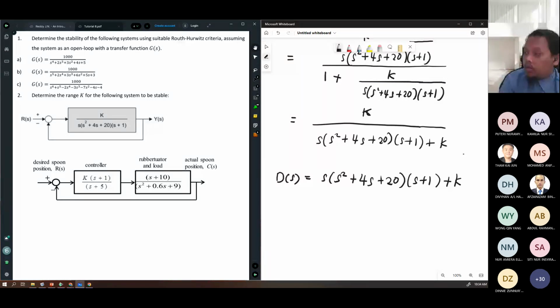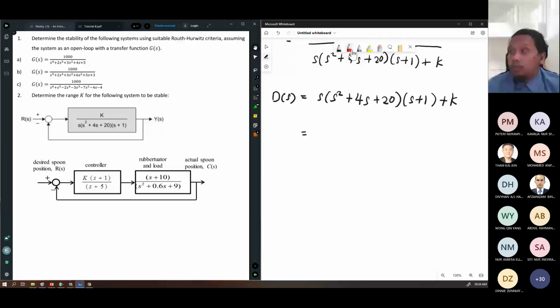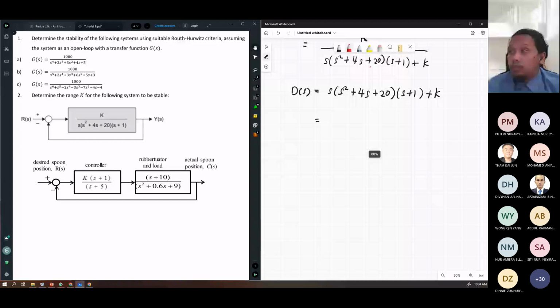And then you need to expand this first before you can generate the Routh table. So you can expand one by one, if you don't know how to expand all of them together. I don't know how to expand all of them together, so I expand one by one.